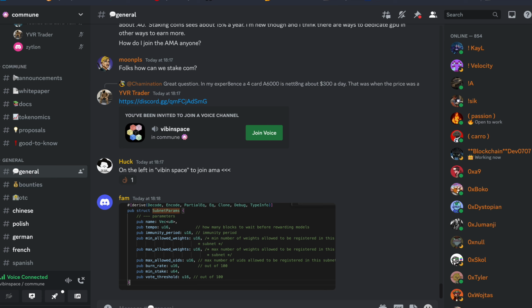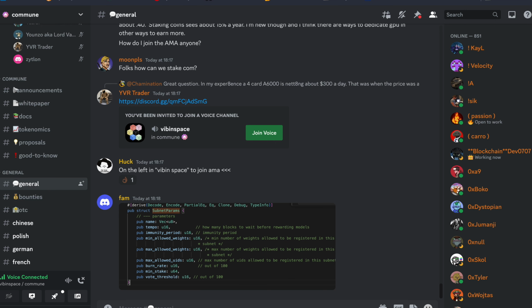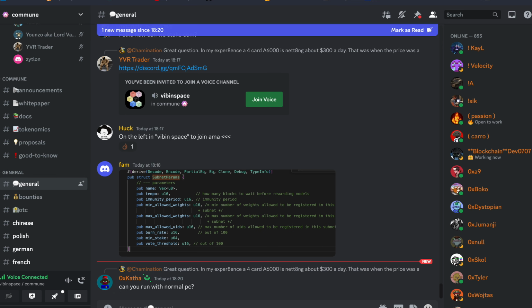And so another thing we're going to be adding as an option, I don't think it's included in this subnet params, is a quadratic voting option. So the quadratic voting option basically means that instead of it being linear, if I stake 100 tokens on your module, it'll be worth 10, because it'll be taking the square root.